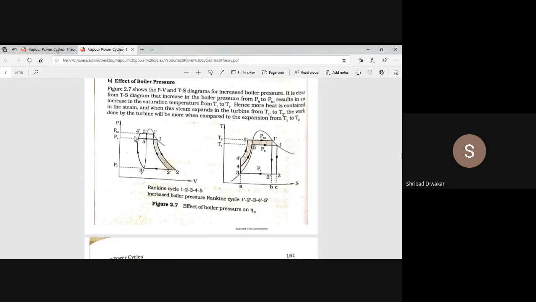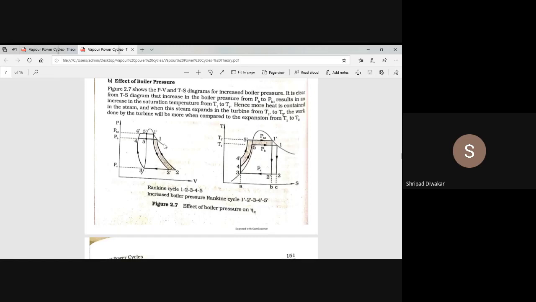And one more thing, you draw one more parallel line. Here we have 1 2, and then you draw a line 1' 2' parallel to 1 to 2. This is how to draw the increased boiler pressure to improve the efficiency of a Rankine cycle.